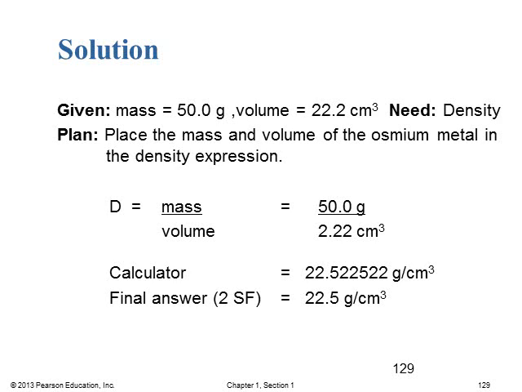Using mass over volume, 50.0 grams over 2.22 cubic centimeters, they both have 3 significant figures, so we're allowed to report 3. When we plug that into our calculator, we get 22.52252 grams per cubic centimeter. I don't know why it says 2 in the PowerPoint, but that's incorrect. It's 3, so it's 22.5 grams per cubic centimeter.